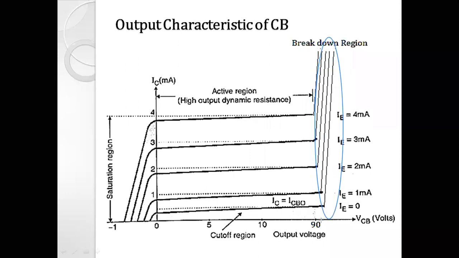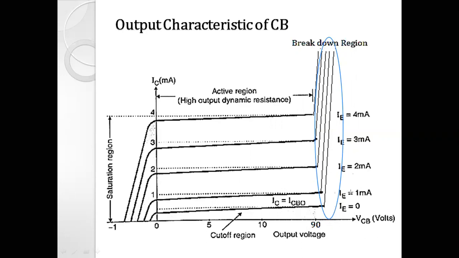So you can see that for this region, the magnitude of VCB should be much higher. For example, here the range starts from 0 volt, then 5 volt, 10 volt, 90 volt, and so on. So for the breakdown region, the voltage applied between the collector and base terminal must be very high.